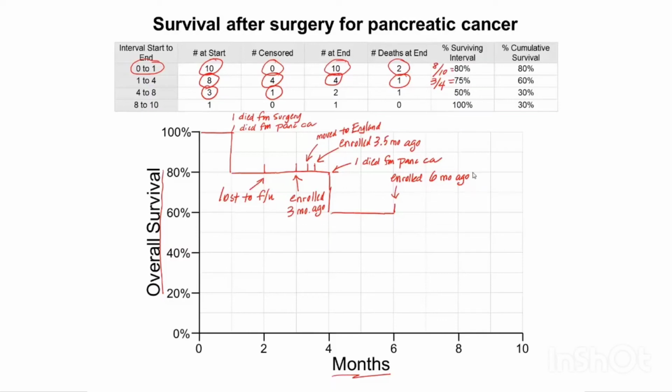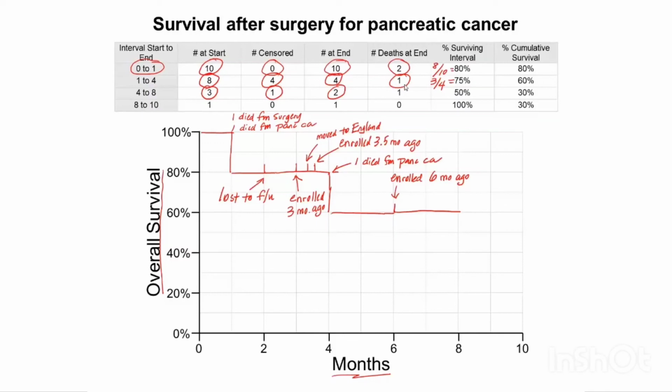And then we go out to 8 months and something else happened. At the end of 6 months, we have 2 patients left, because we started out with 3 and 1 was censored.